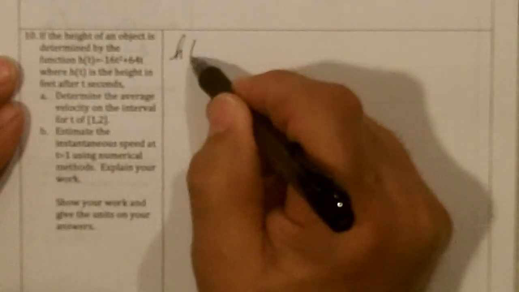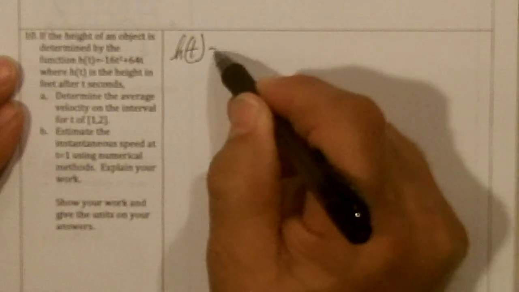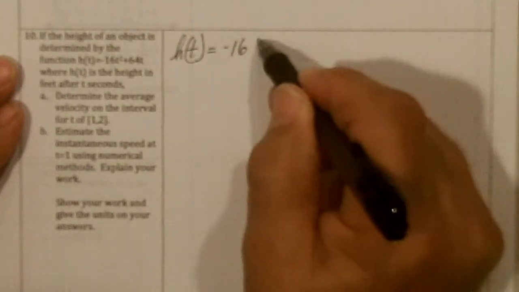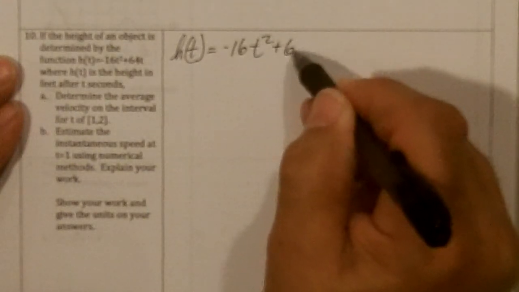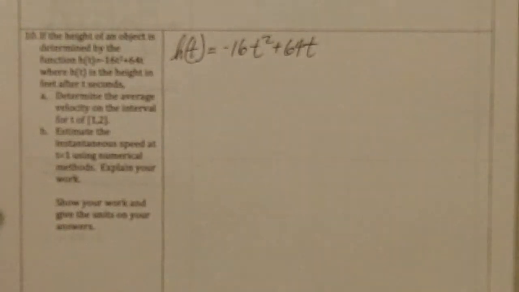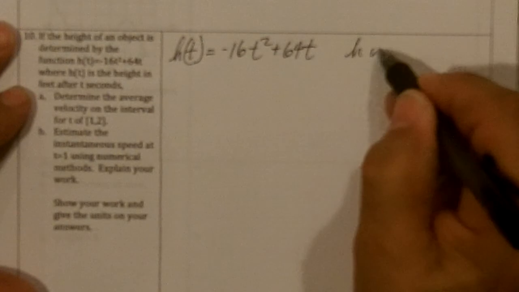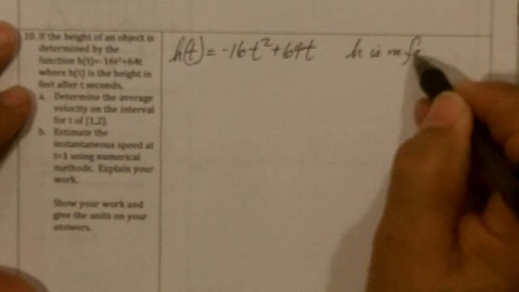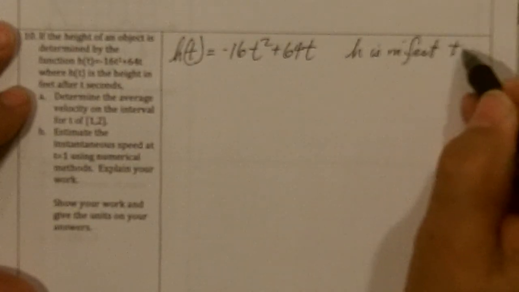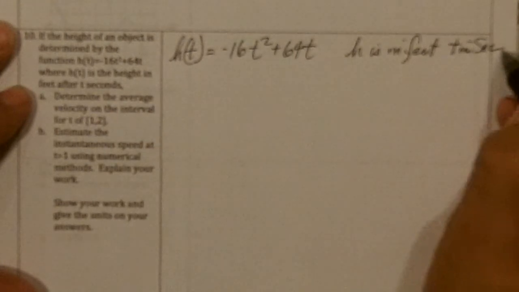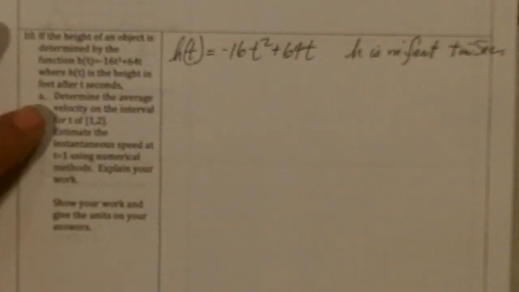10. If the height of the object is determined by this equation, h of t is negative 16t squared plus 64t, where h is in feet and t is in seconds, determine the average velocity.